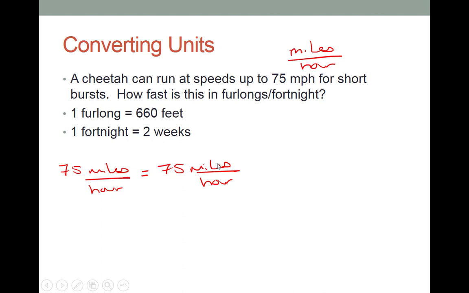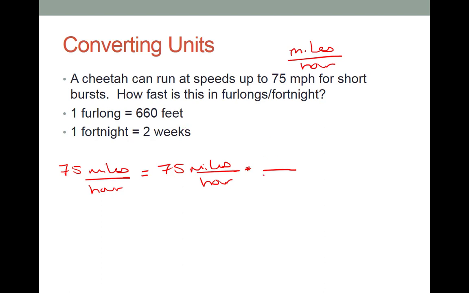Now, what is probably best here is to convert all the numerator first and then all the denominator, or vice versa. So don't start converting the numerator, then switch to the denominator and flipping back and forth. It makes it messy, if you will. So let's start with the numerator. So now I want to convert miles. It looks like I need to get to feet because I know that's my conversion for furlongs.